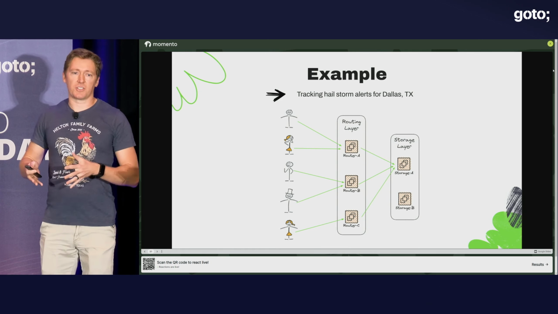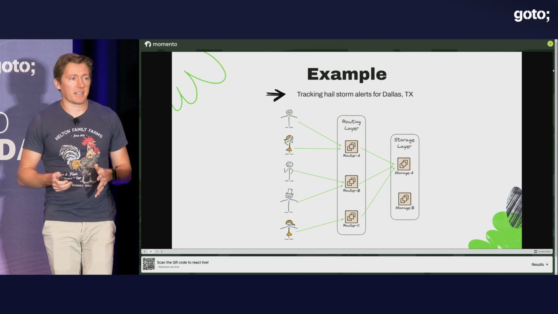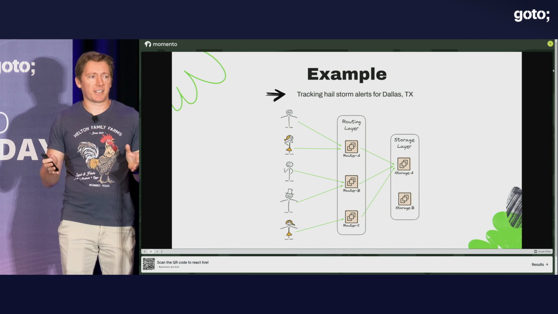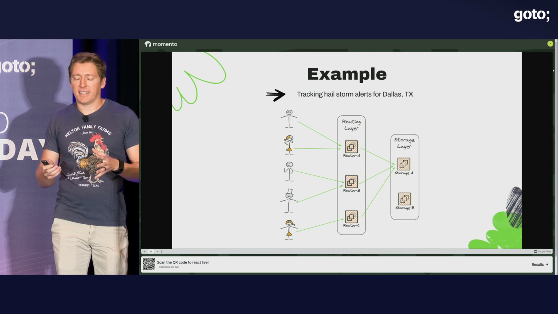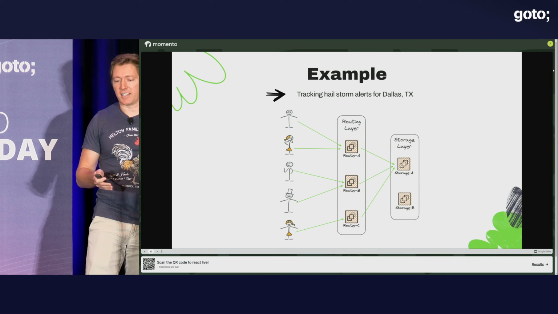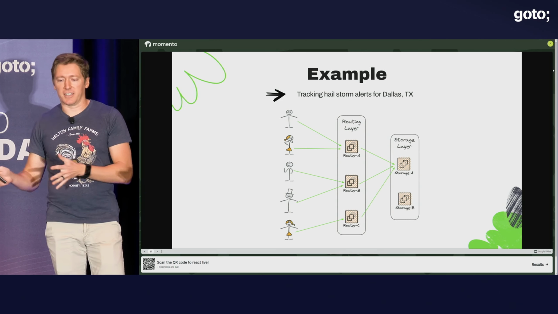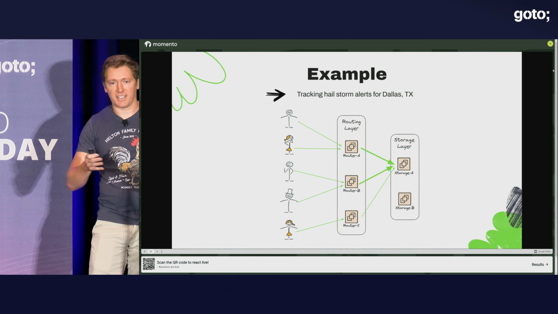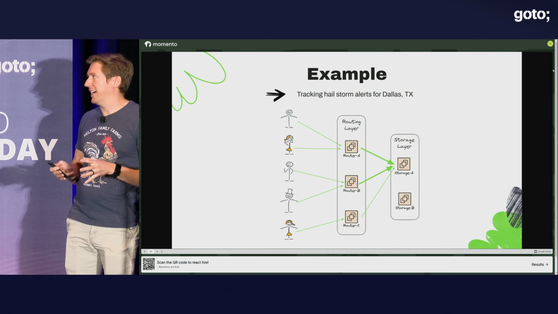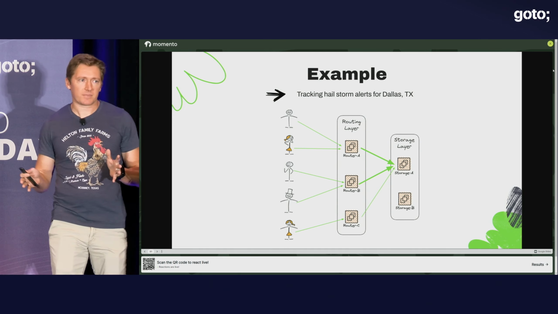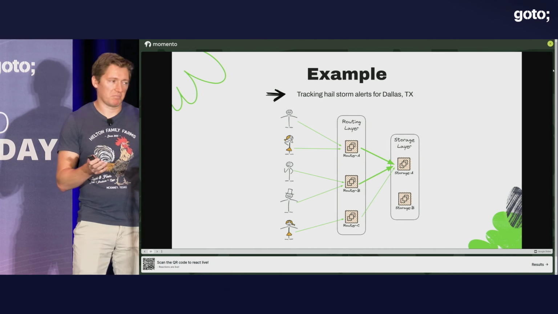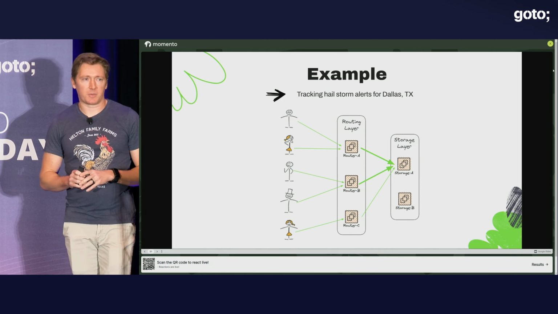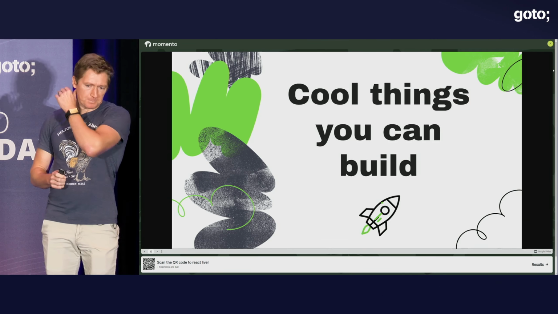Now, one of the reasons we use gRPC for these instead of WebSockets is because they support multiplexing, which means you can have shared connections. So instead of building another connection from that routing layer to that storage layer, we're actually just going to reuse what's already there, which allows us to get that really high fan-out scale to publish very, very quickly. So big advantage of gRPC on that one, especially over something like WebSockets.